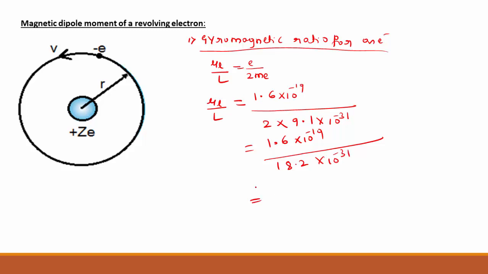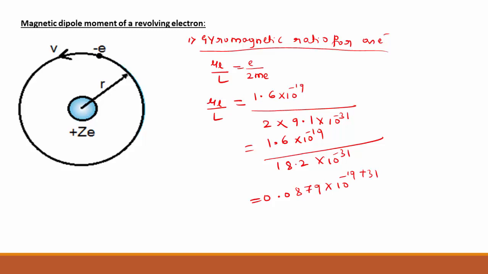Then 1.6 divided by 18.2 is 0.0879 into 10 to the power of minus 19 plus 31.